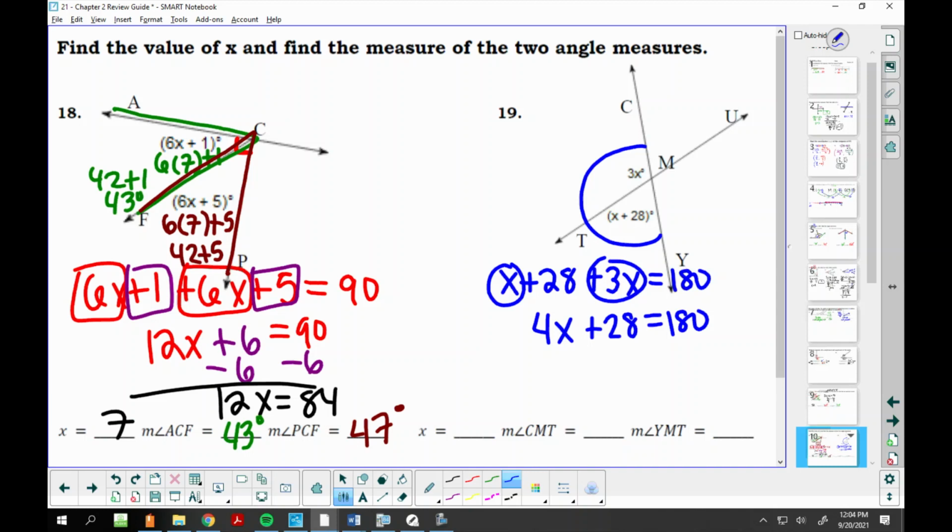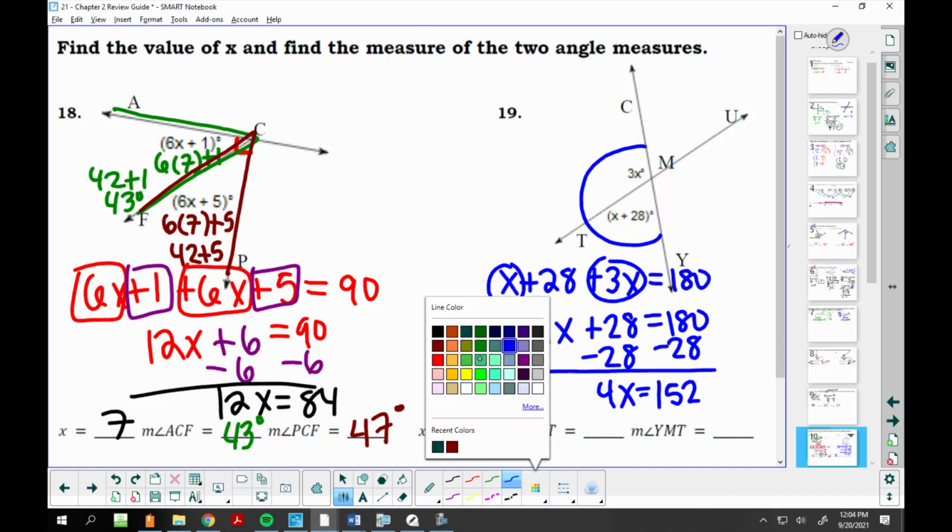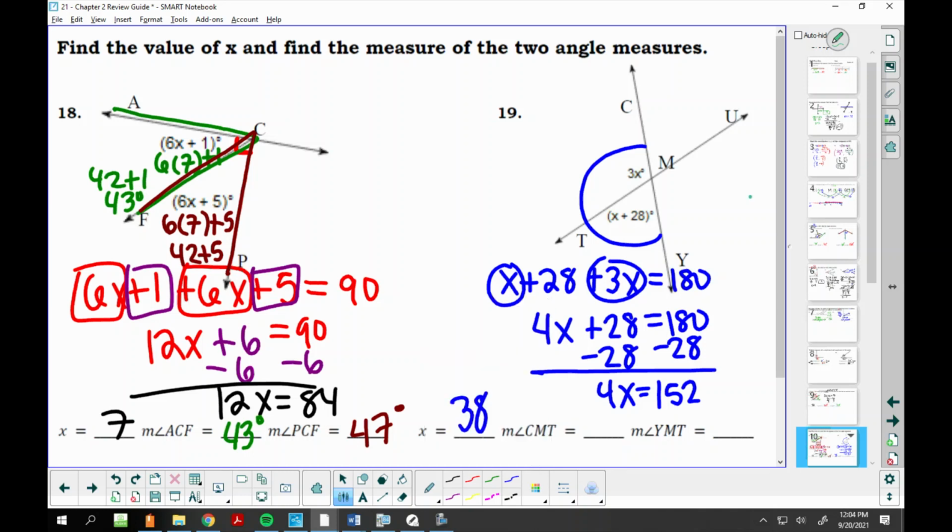All right, subtract the 28 from both sides, and we get 4x equals 152. Divided by 4 is 38. Good. And now we have to plug them back in. So we want the measure of angle CMT.